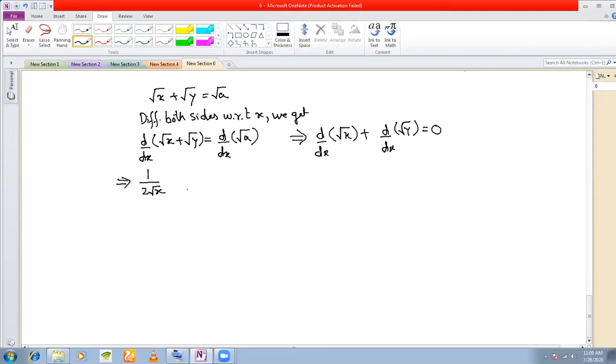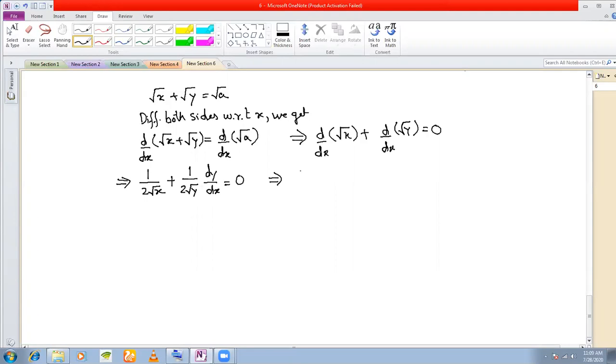Next, how to differentiate root y? You differentiate root y with respect to y to get 1 by 2 root y, and then you multiply with dy/dx.